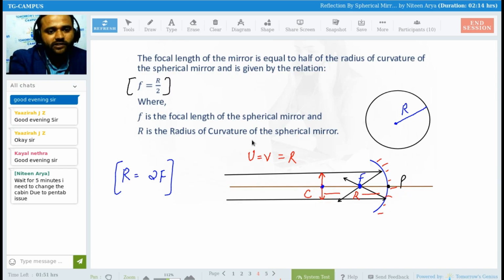Using the mirror formula, what is the mirror formula? Please, anyone tell me. We're going to derive it in this class. The derivation we are going to do with the help of geometry, if I'm not wrong.